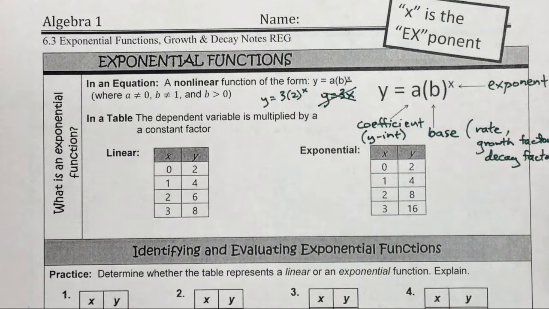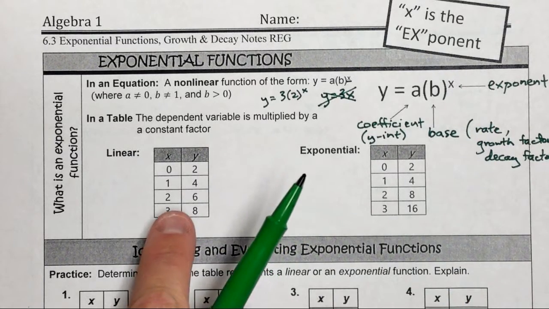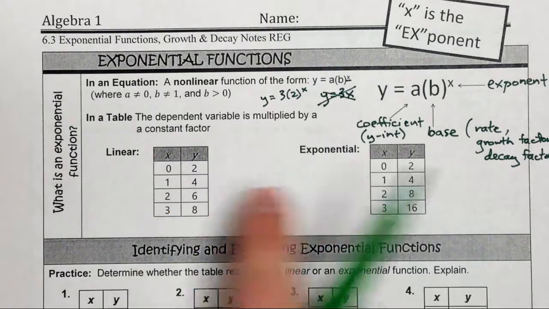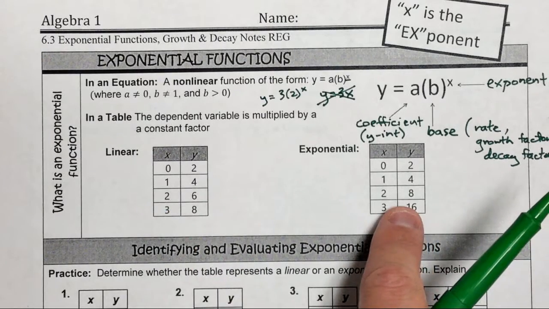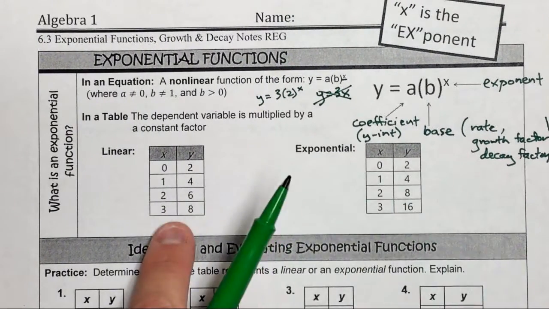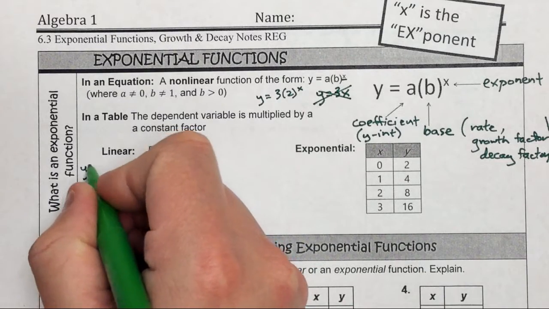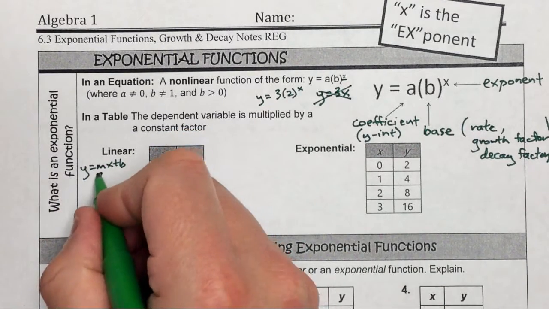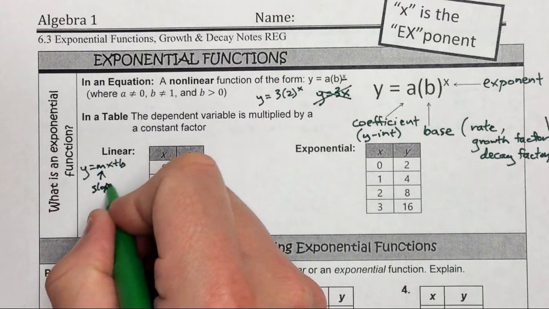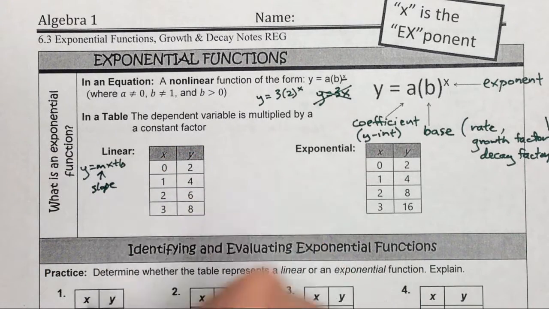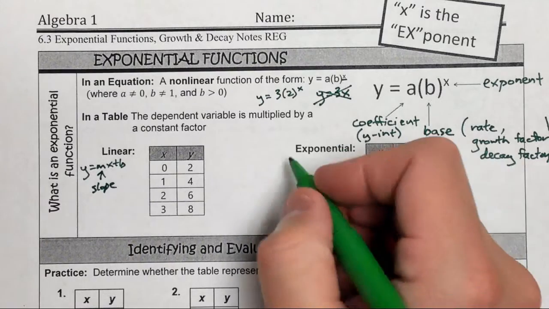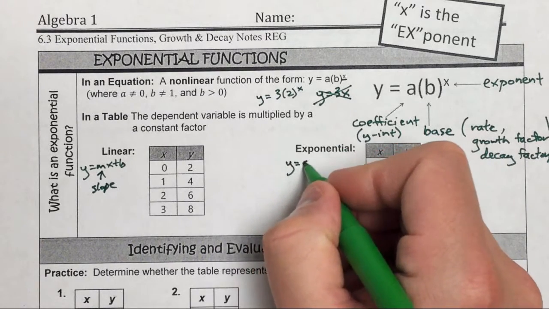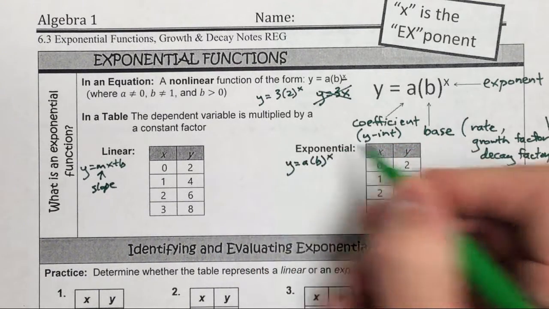So I have a linear function on the left, and I have an exponential function on the right. The linear function follows the form y equals mx plus b, where m is the slope and this b is the y-intercept. The exponential function follows the form y equals a times b to the power of x.